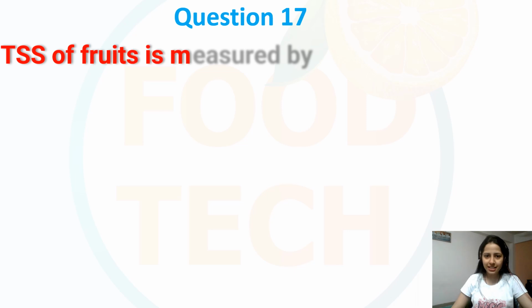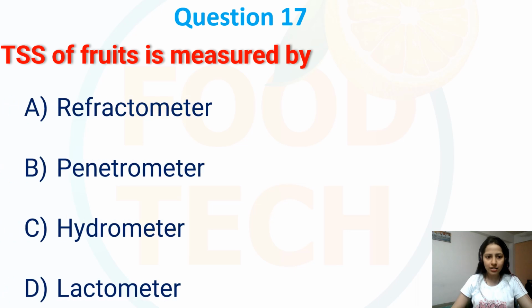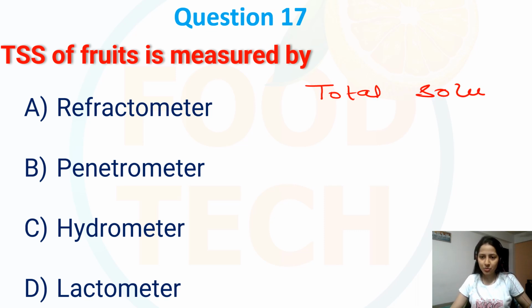Next, question number 17. The TSS of a fruit is measured by, and the options are refractometer, penetrometer, hydrometer, and lactometer. What is TSS? TSS is total soluble solids.